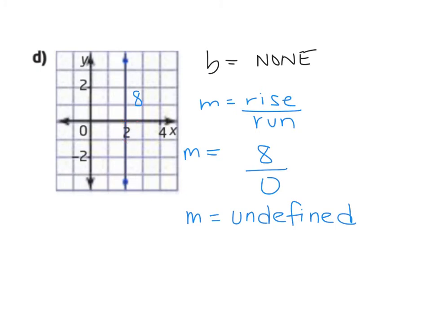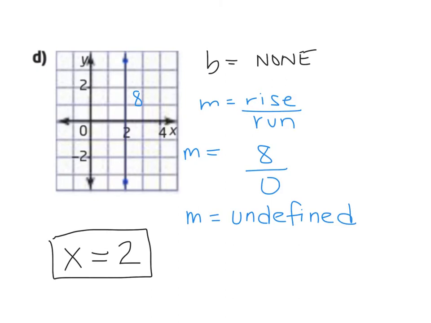The way that you would express an equation for a completely vertical line is by telling the viewer what the x-axis intercept would be. So you would simply say that x is equal to 2. This would be the equation that represents this vertical line.